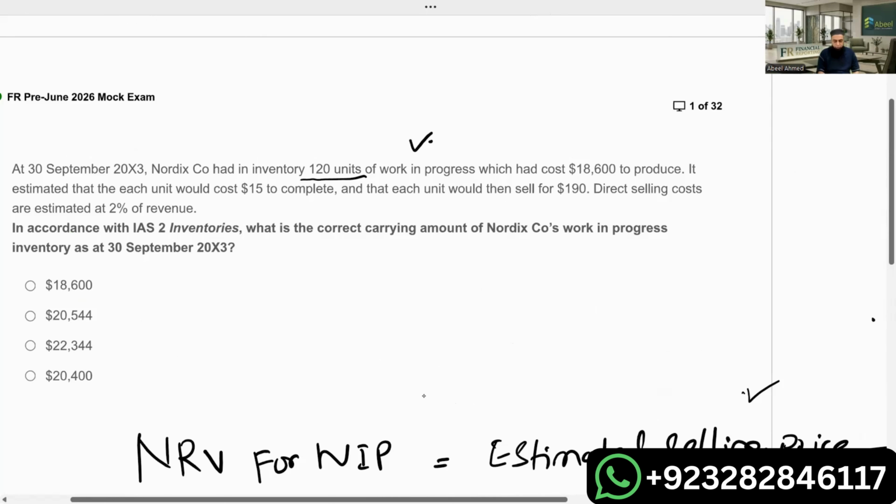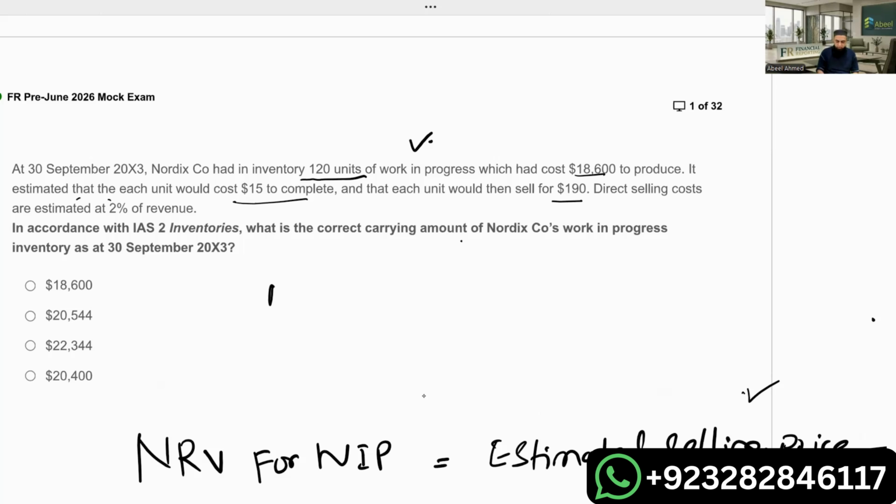It estimated that each unit would cost 15 to complete, then sell for 190. So don't forget one thing, students: here we are required to calculate NRV of work in progress. Direct selling cost, they have given us, is 2% of the revenue. In accordance with IAS 2, what is the correct carrying amount of Nordic's company's work in progress?